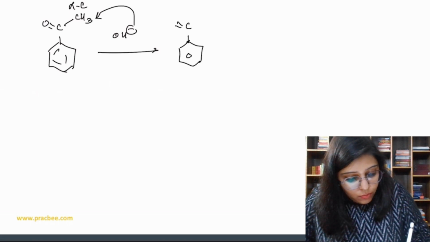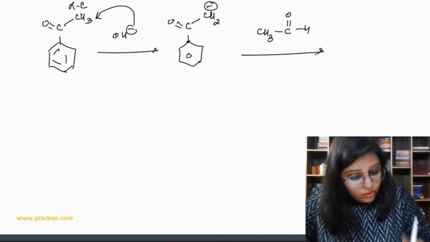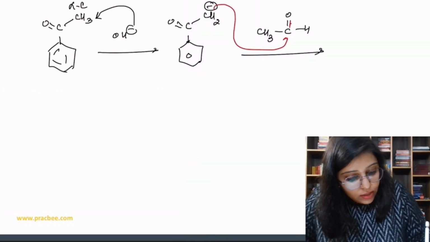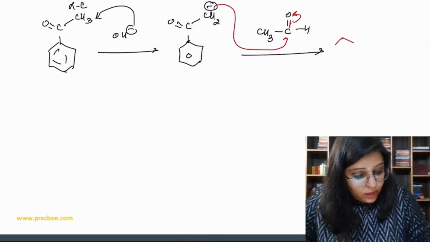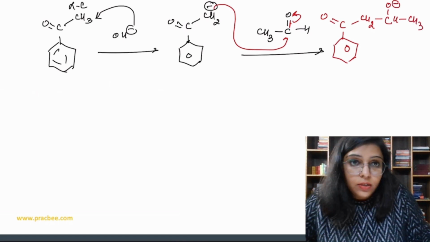So we get C double bond O and CH2 minus. Now this can react with aldehyde. So CH2 minus attacks this carbon, and the electron of this bond shifts over here. So we get C double bond O, CH2, CH O minus and CH3.